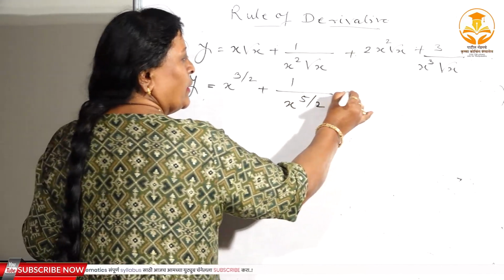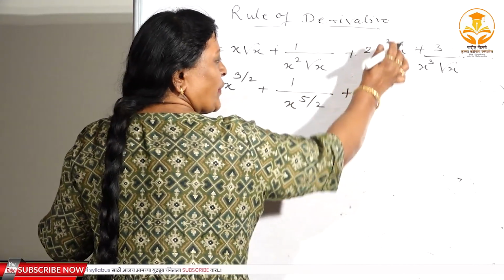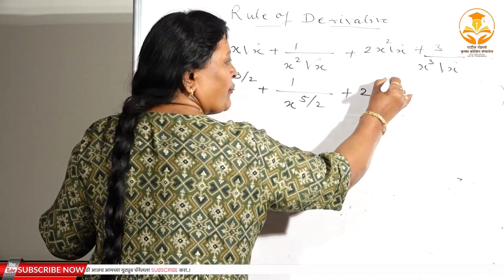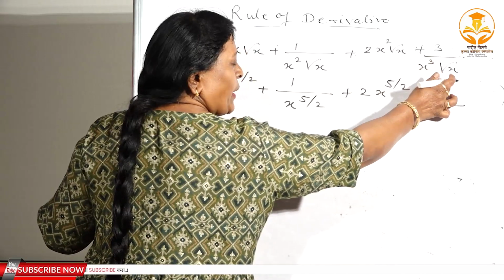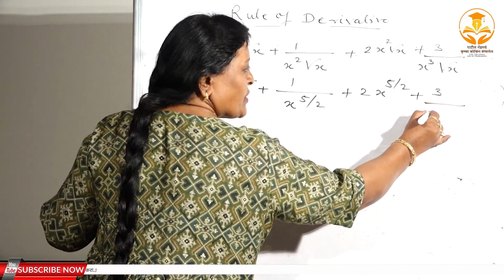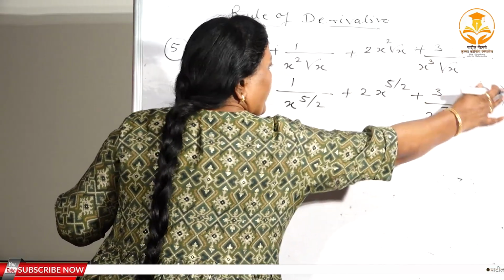Right? Again 2 into 2 plus 1/2, 2 into 2 is 4, 5/2. Again 3 into 3 plus 1/2, 3 into 2 is 6, 6 plus 1, 7/2, x to the power 7/2.